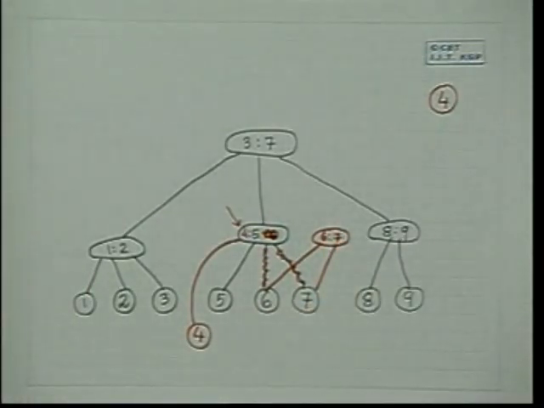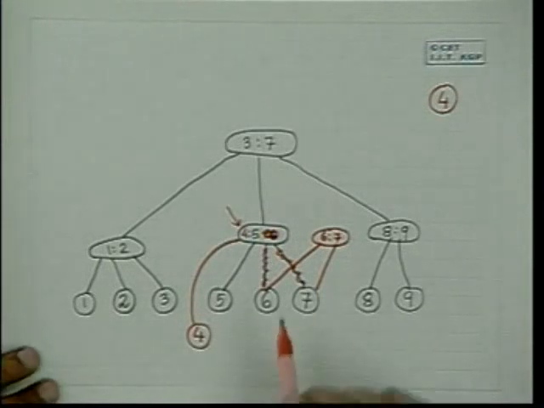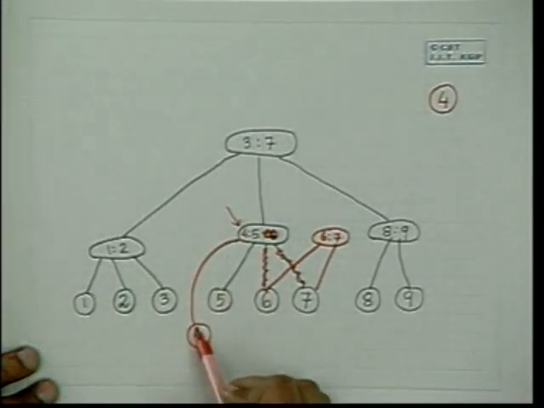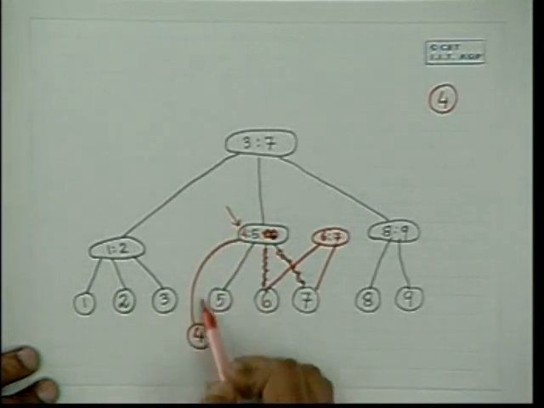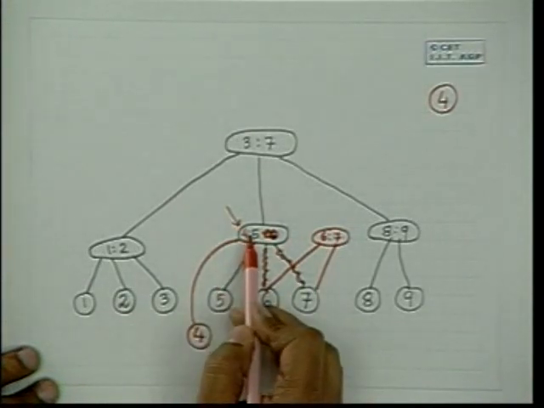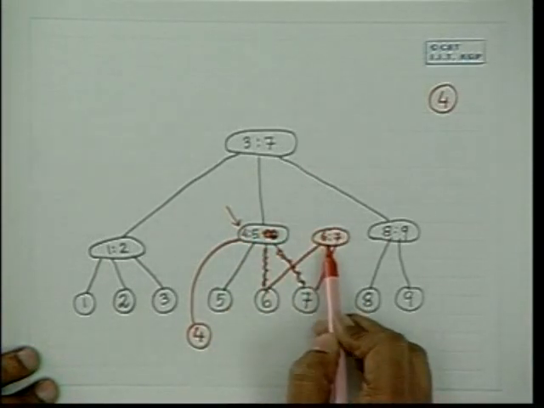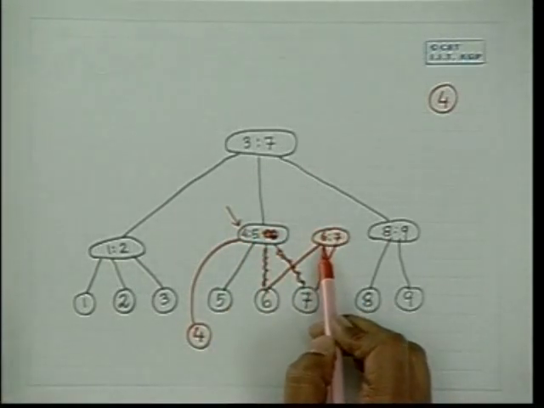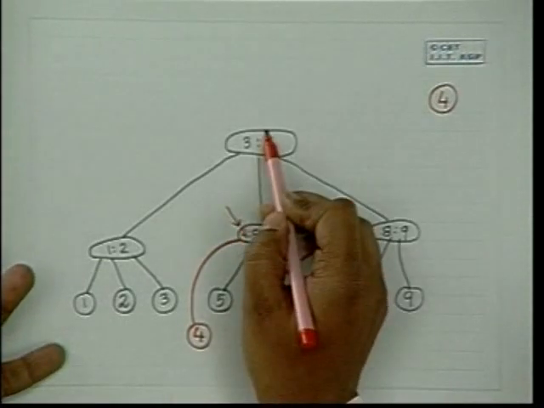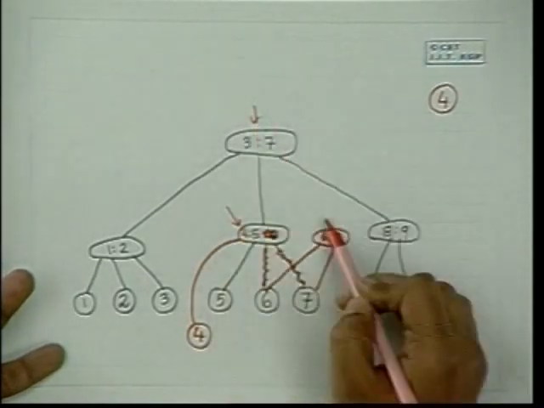This is the first step. So insert 4 in this pointer, insert this node in this pointer. After doing this, you have created a new node. So recursively, you will go to this parent and insert this node here.